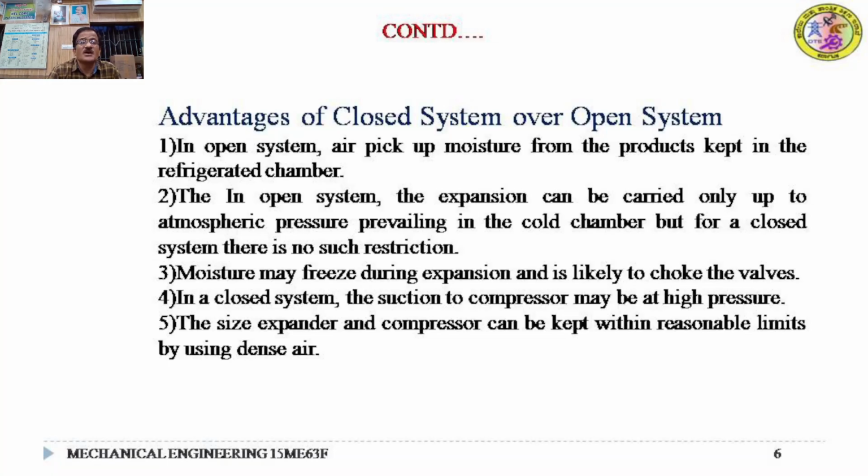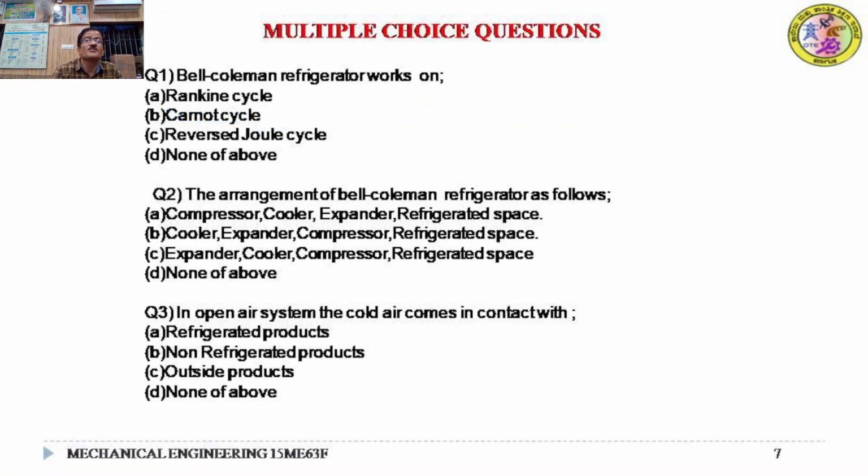In a closed system, the suction of the compressor may be at high pressure, so you can keep a high pressure suction. The size of the expander and compressor can be kept within reasonable limits by using the dense system. Since we have tubes and coils, the size can be restricted. In the open system, it is not possible.